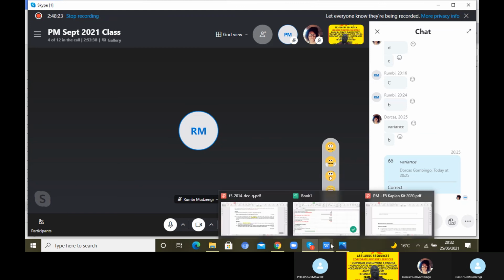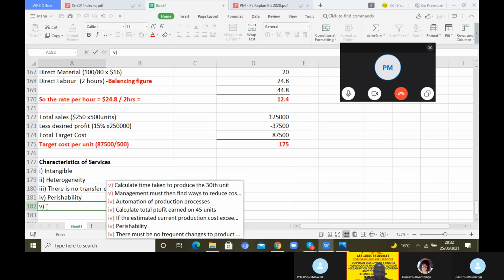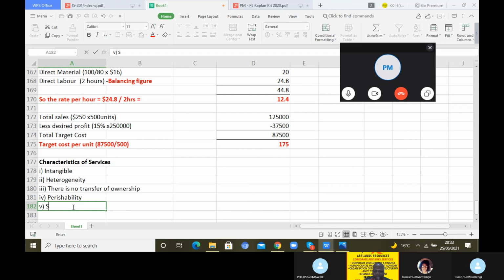Then last but not least, the characteristic of service, which is number five, apart from intangibility and heterogeneity, is simultaneity. By simultaneity, we are saying services are produced and consumed at the same time.